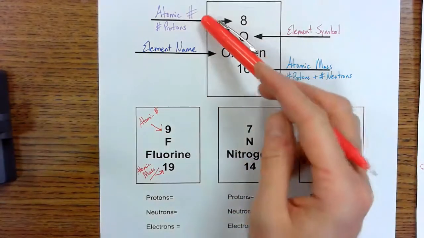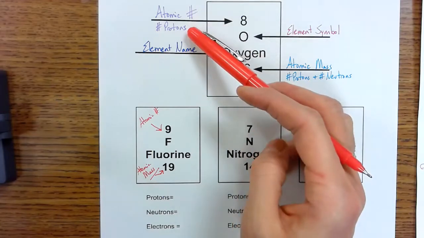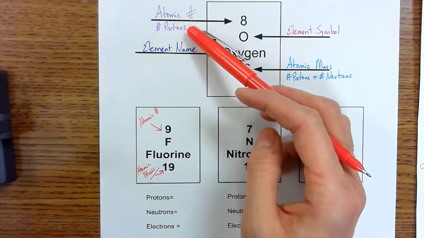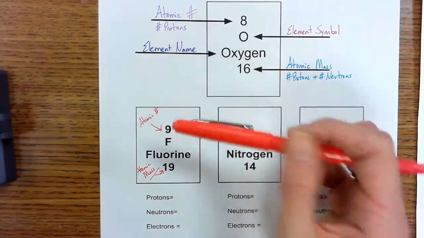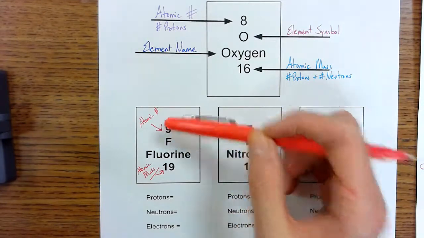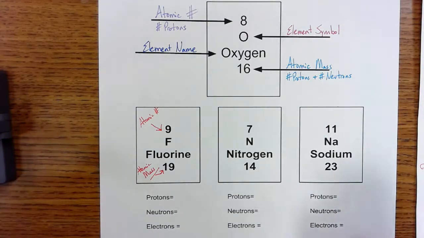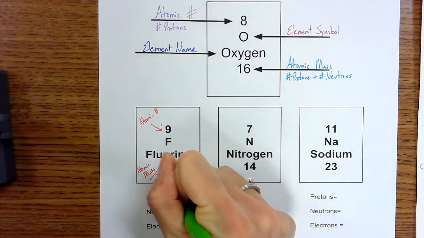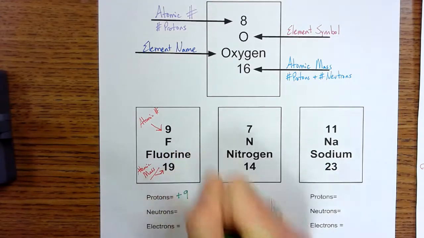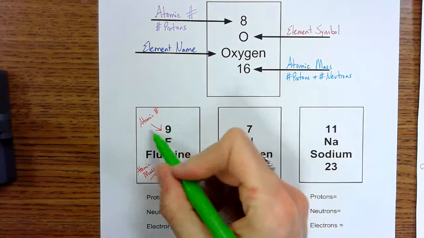So if I know that the atomic number is the number of protons, that tells me how many I need to include in the atom. So here, fluorine has the atomic number 9. So it will have 9 protons. Now, protons are a positively charged subatomic particle. So I'm going to put a plus 9 here. And again, I found that with the atomic number.